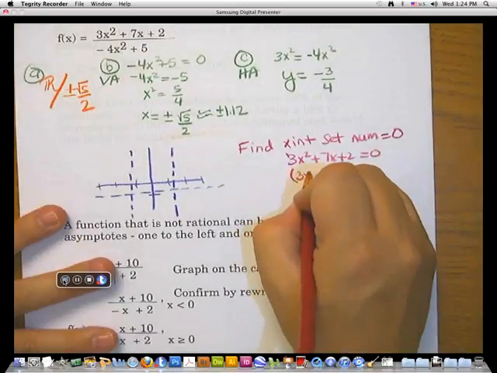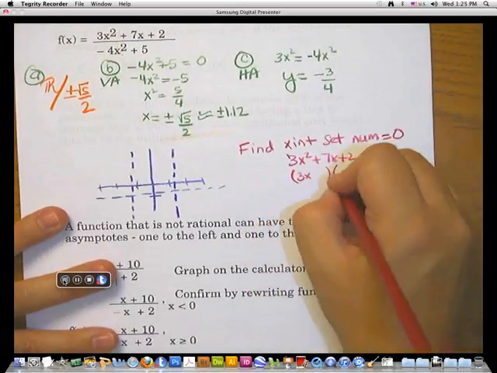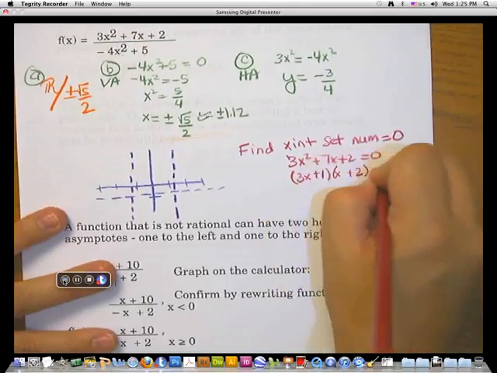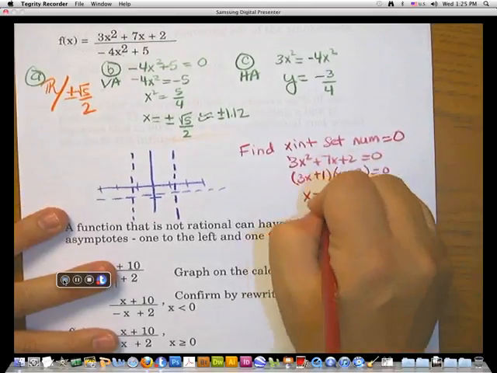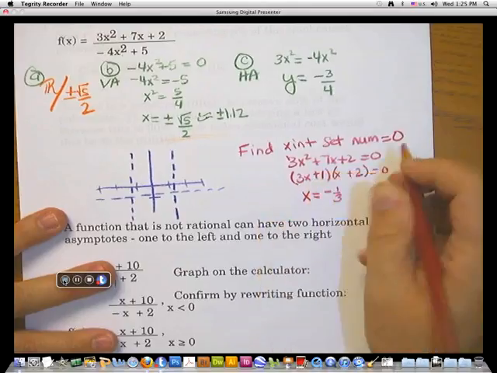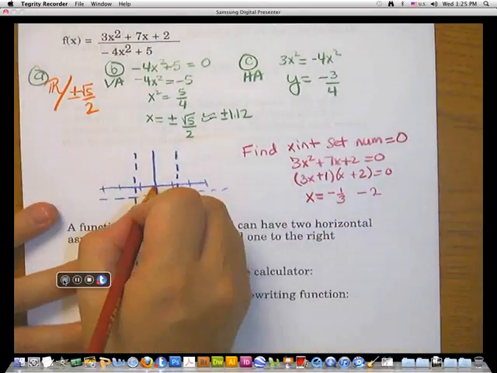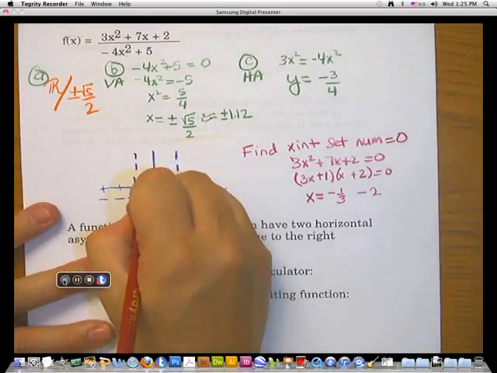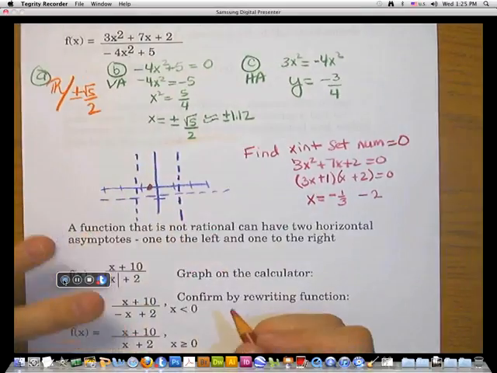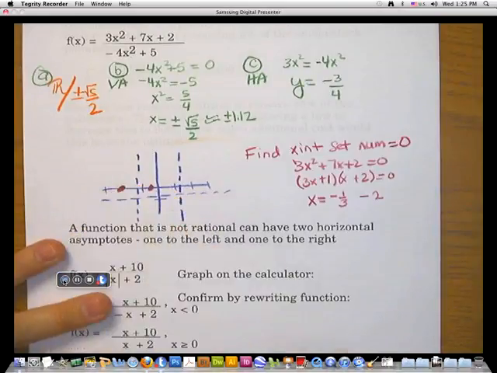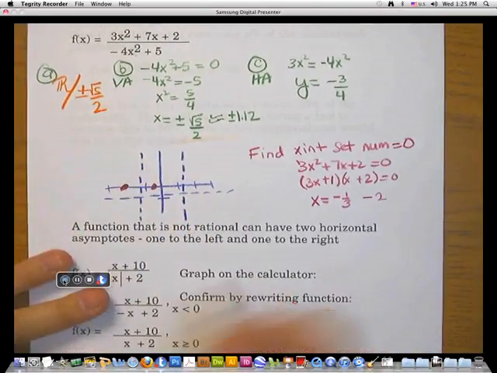So we're going to factor this. 3x, x, 2, 1. So we're going to get an x-intercept at negative 1/3 and at negative 2. So negative 1/3, about there. Negative 2 for there.